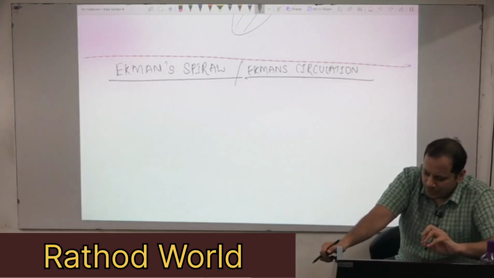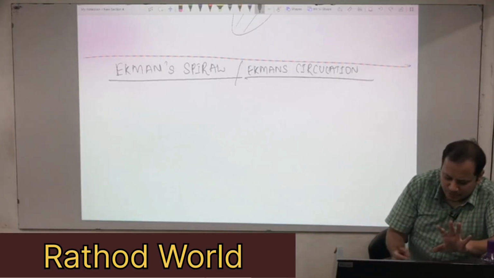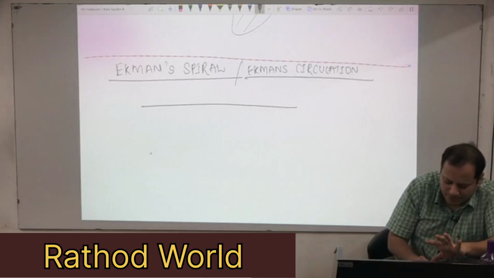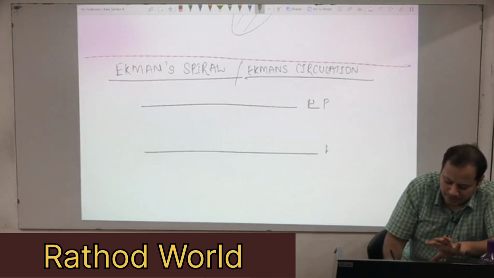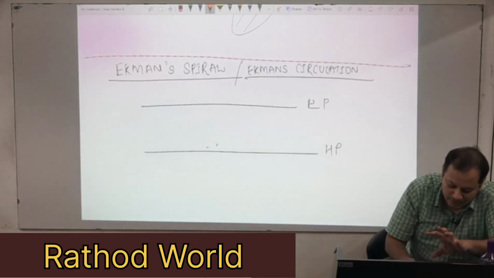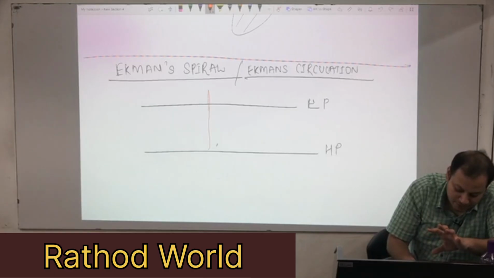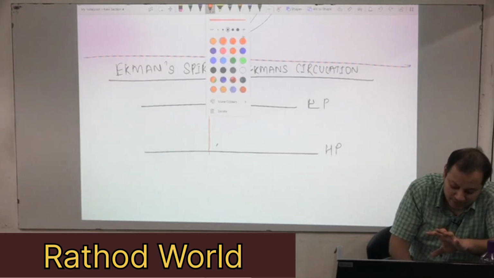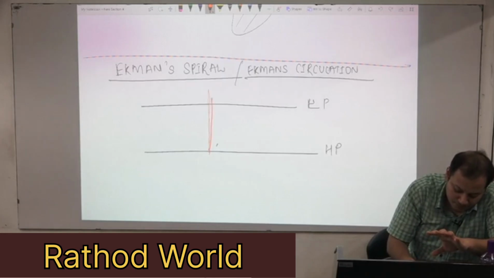Now those who don't know climate, and even those who know the climate, you know winds always flow from high pressure to low pressure. Why? Because wind is attracted by a force that is known as pressure gradient force. So pressure gradient force, that is the difference in the pressure conditions, always acts from high pressure to low pressure. So can I say this is the direction of pressure gradient force?